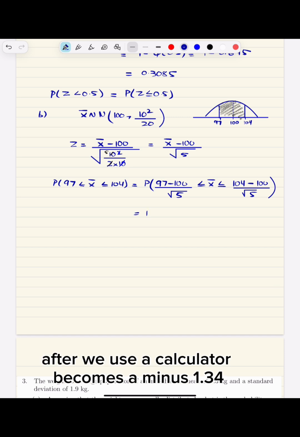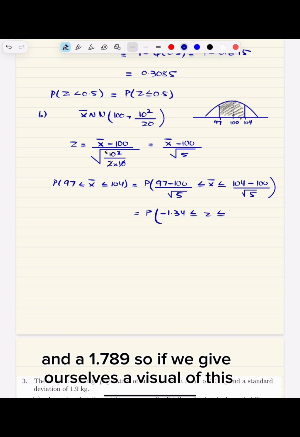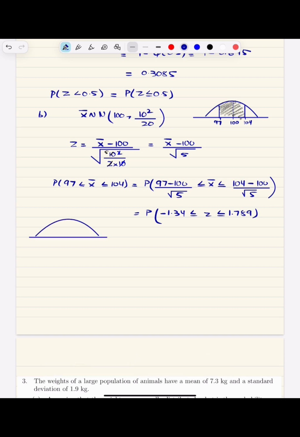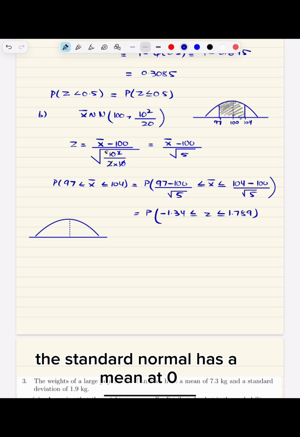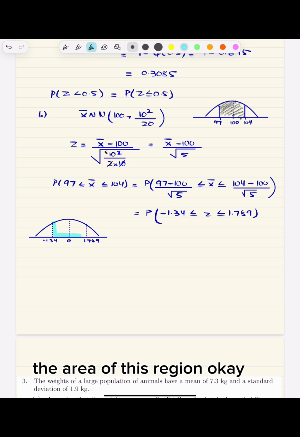After we use a calculator, this becomes minus 1.34 and 1.789. If we give ourselves a visual of this, the standard normal has a mean at 0, and we have minus 1.34 here and 1.789. We want the area of this shaded region.